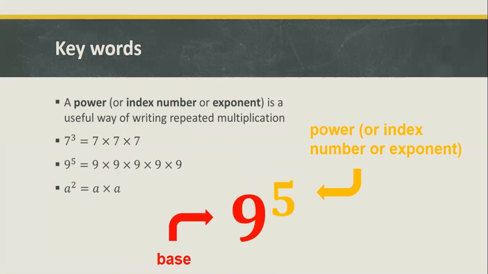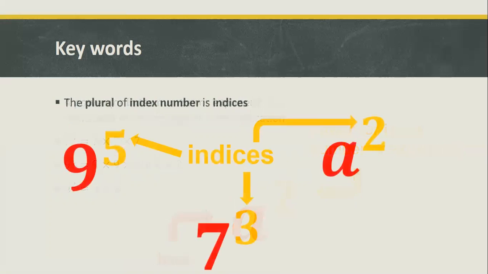So this is the base, this is the base, and this is the index or the power. And then we have a squared. So a forms the base, and the 2 here is the power, the index.